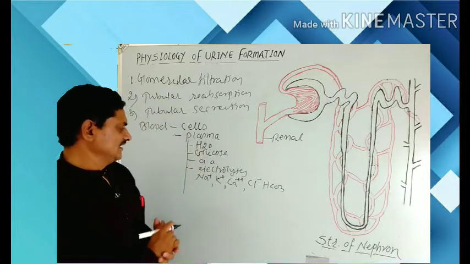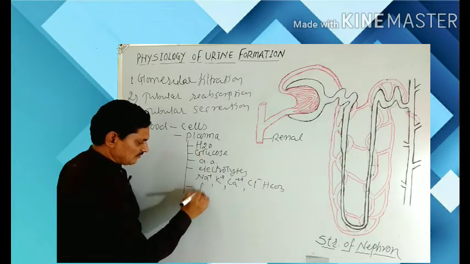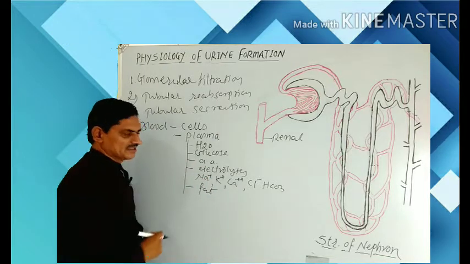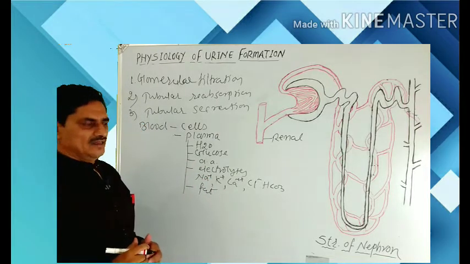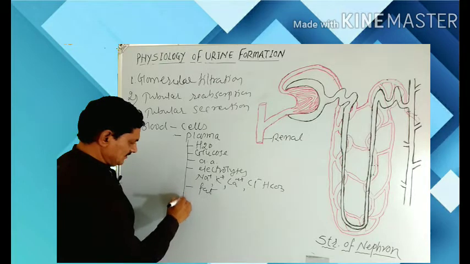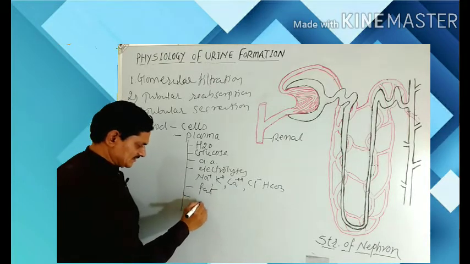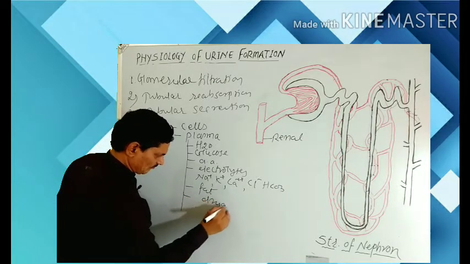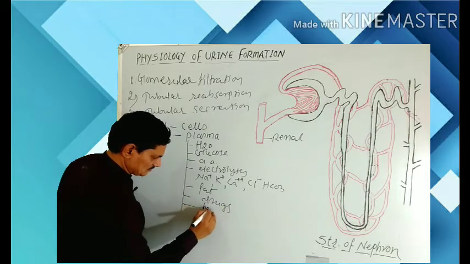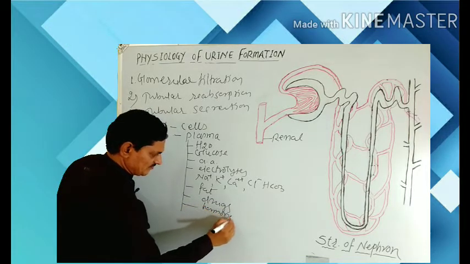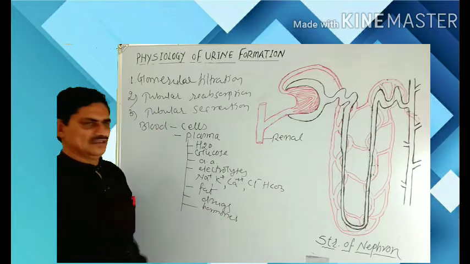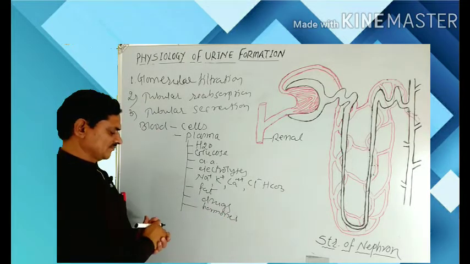Besides these electrolytes, some fat molecules may be present in the blood, as well as some excess drugs and excess hormones, which are also present in the blood.